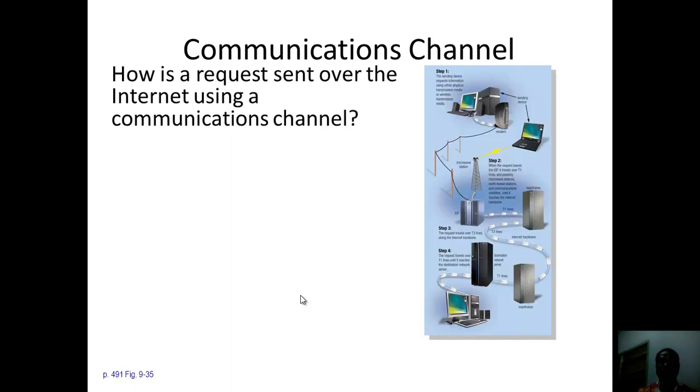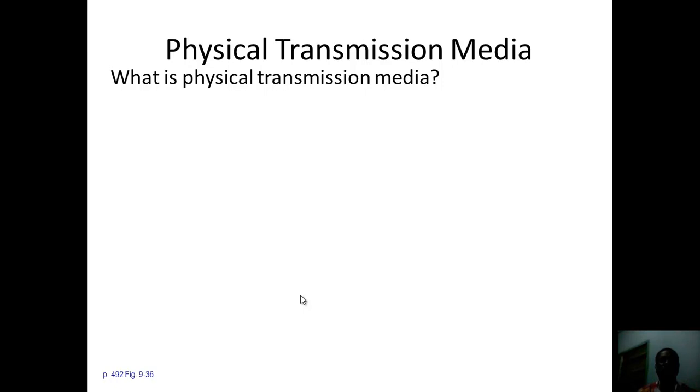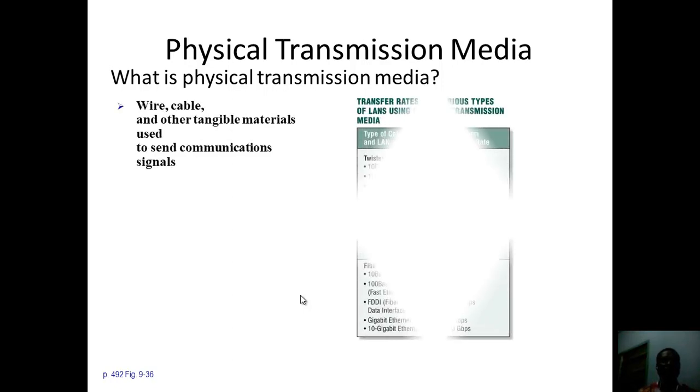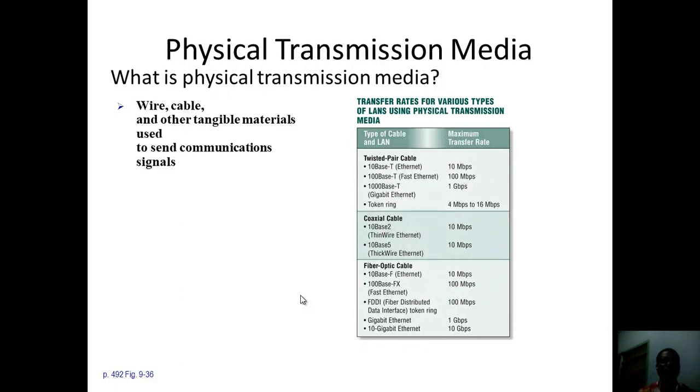So how is data transmitted through communication channels? If you look at the diagram carefully, you're looking at the physical transmission media: wires or cables and other tangible materials used to send data. That's what we call the transmission.